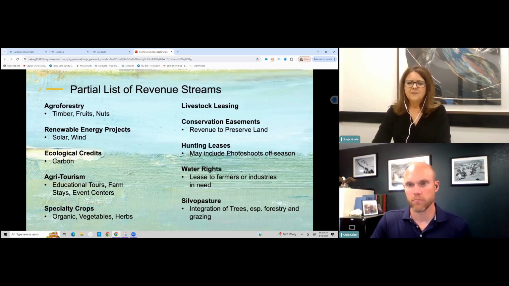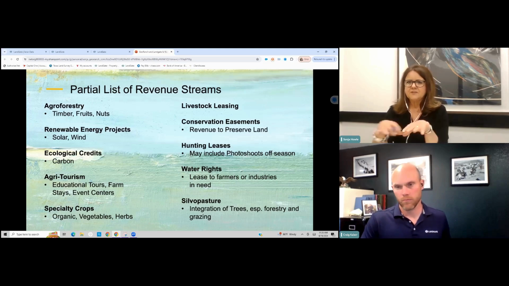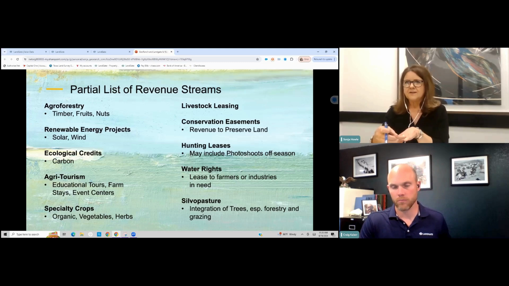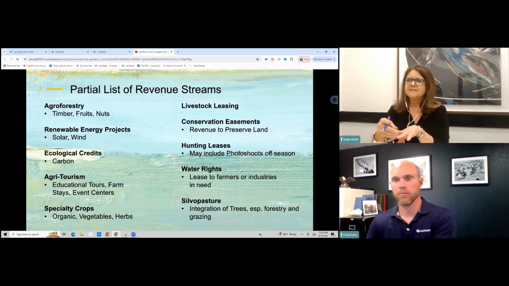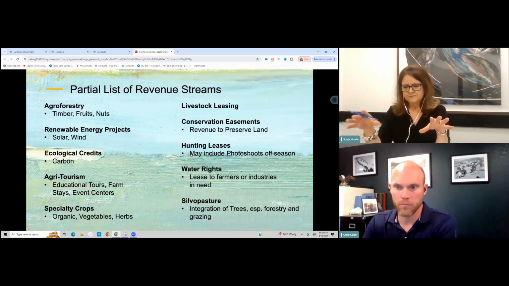One thing that we've been exploring, because 80% of the land we farmed and ranched was leased, is options to the standard leases, which are just a cash payment or a crop share lease. There's a rancher in Kansas that has about 7,000 acres, and he's been doing regenerative ranching for quite some time.